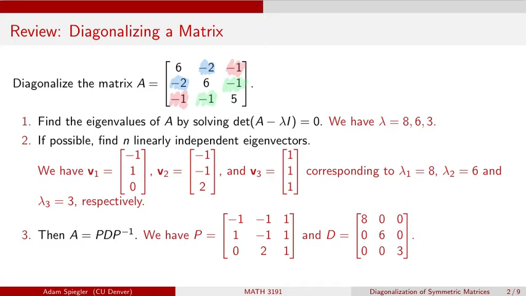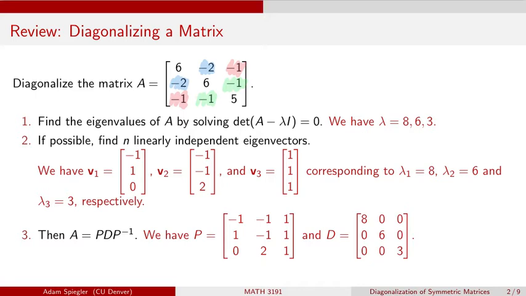For the second column, we pick this eigenvector for the second eigenvalue of 6. And the third column is this vector v3, 1, 1, 1, an eigenvector corresponding to the third eigenvalue of 3.